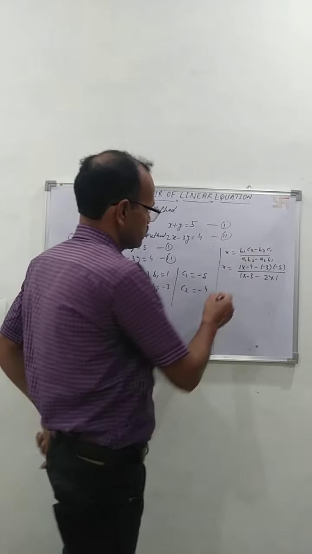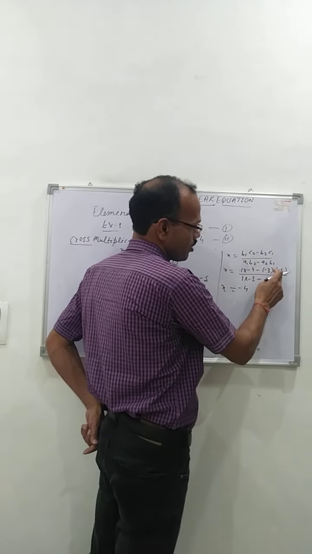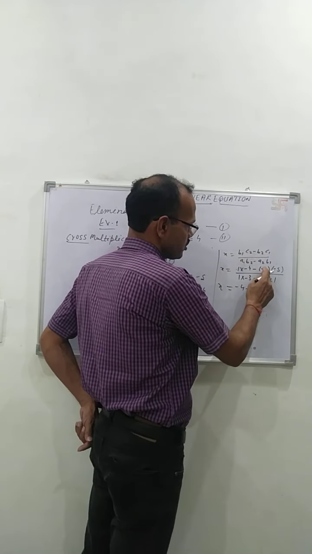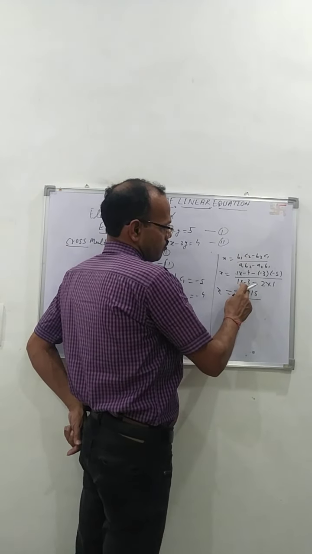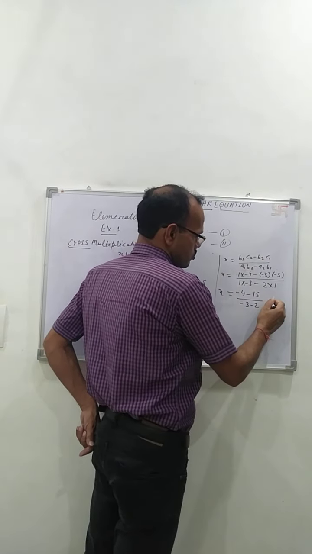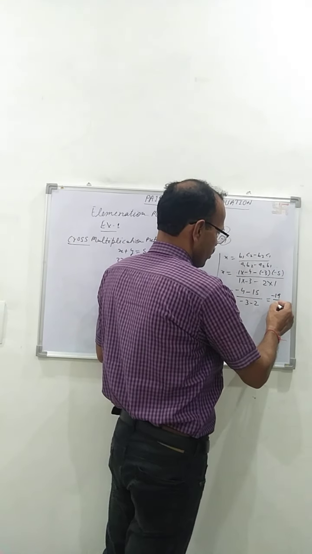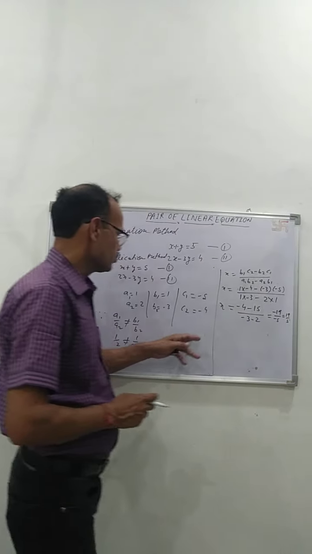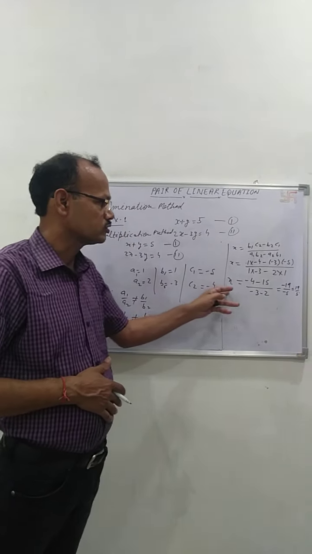Now solve it. So on solving, this gives minus 4, minus into minus is plus, so plus 15 overall, minus 4 plus 15 is 11... all divided by minus 3 minus 2. On solving it, finally we get 19 upon minus 5, that is 19 upon 5, which is the same value that we got in the elimination method, so x is equal to 19 by 5.